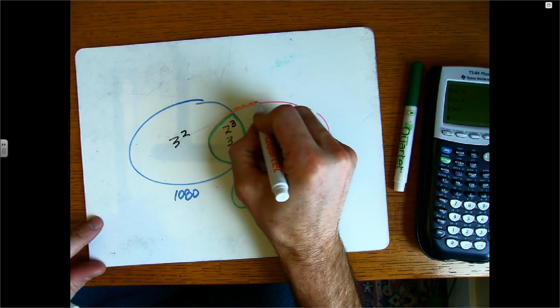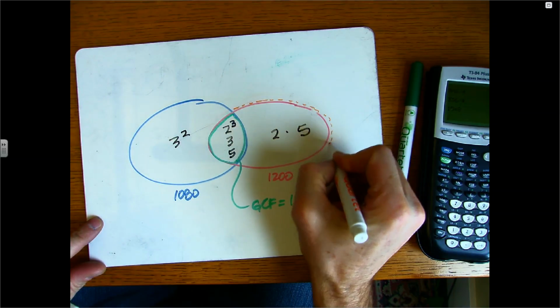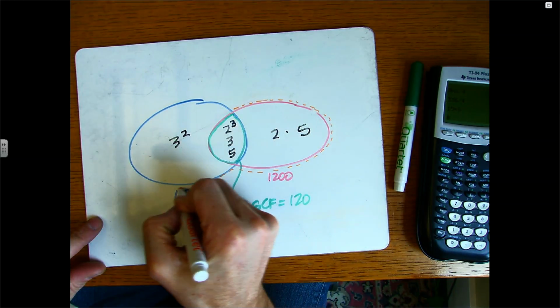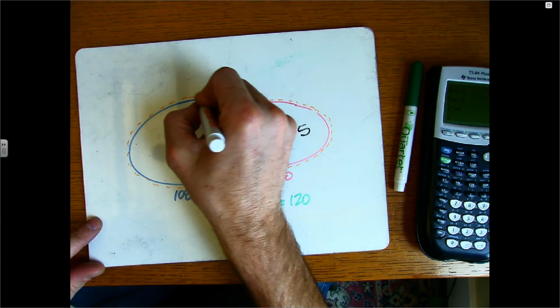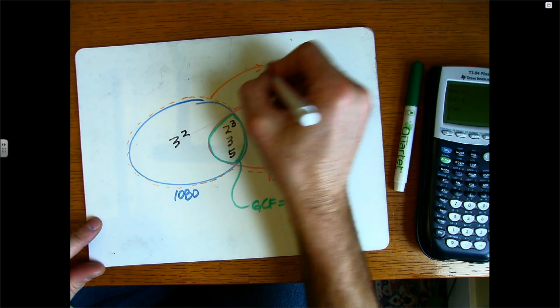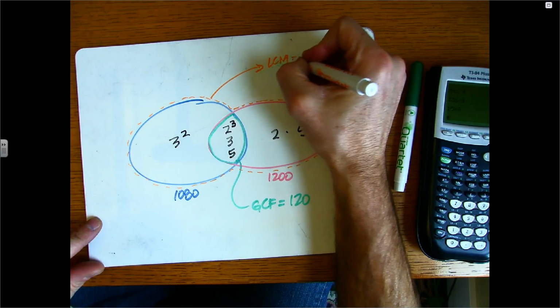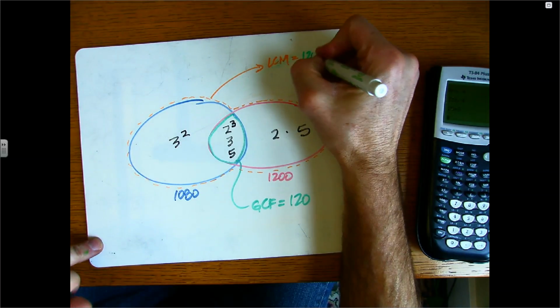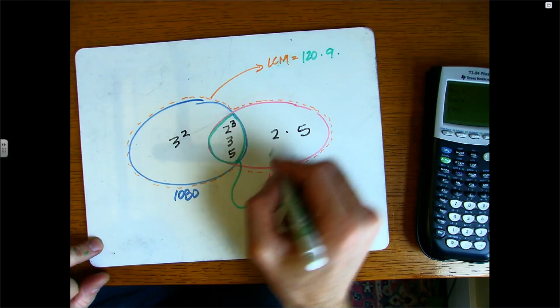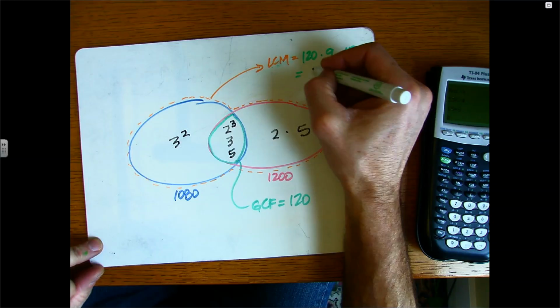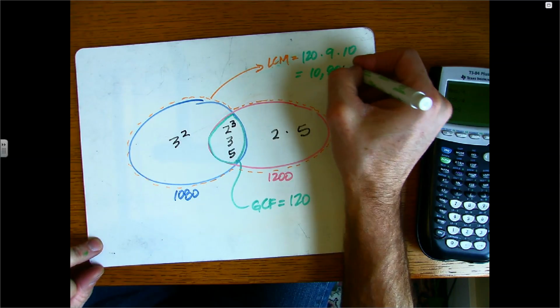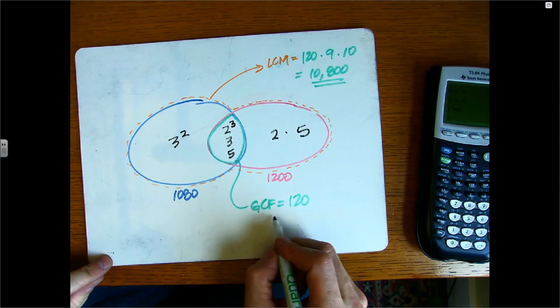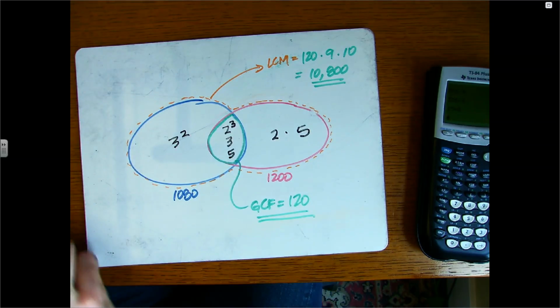So I guess thinking this way, all of these factors taken together give us the LCM, which is going to be the middle part, the 120, times 9, times 10, and I believe we've seen that number before, 10,800. And if you'll go back and check, those are the two values that we got for LCMs and GCFs when we did this using the slide method.